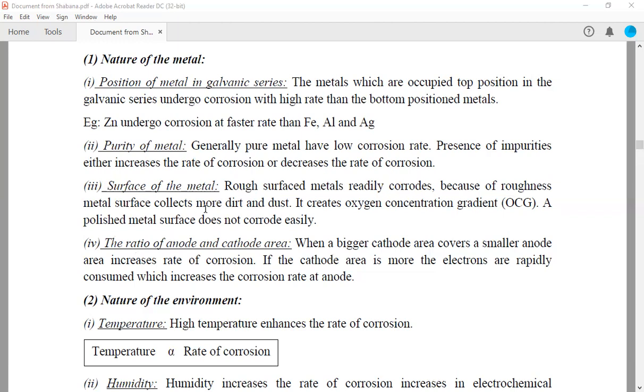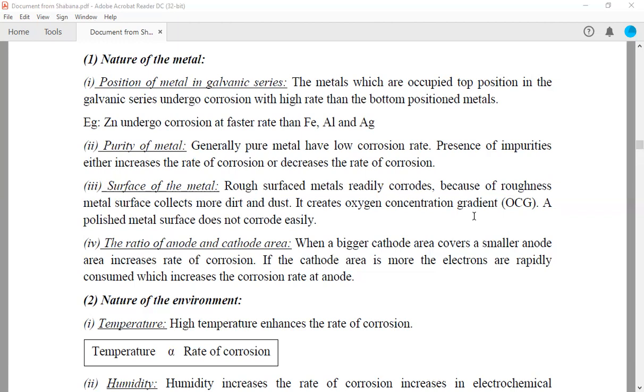Coming to the surface of the metal, a rough surface of the metal readily corrodes. Because of the roughness, the metal surface collects more dirt and dust, which increases the oxygen concentration gradient compared to the polished metal surface, which does not corrode easily.